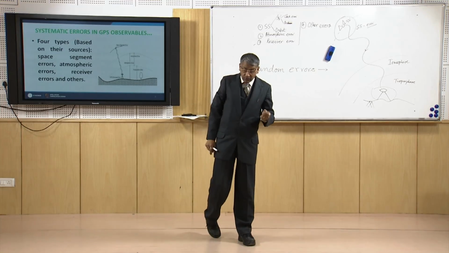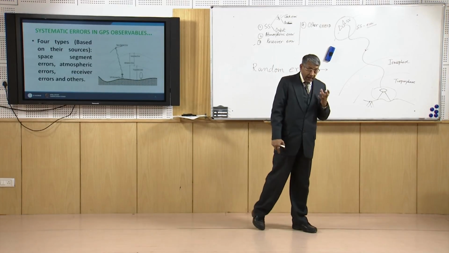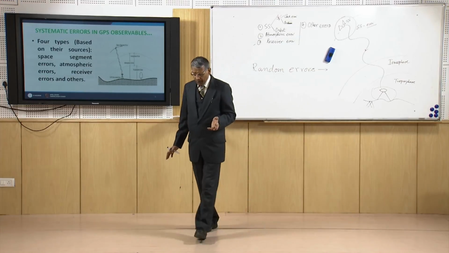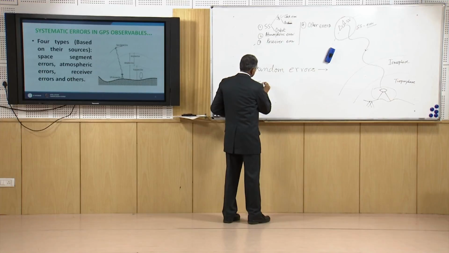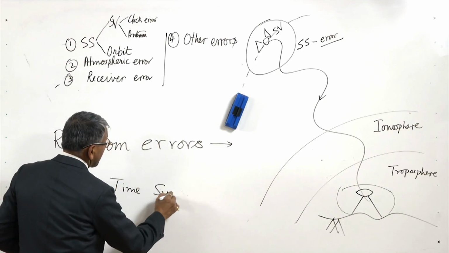Now as I told you, the satellite vehicle makes use of atomic clock, and these function on the basis of the GPS time system.